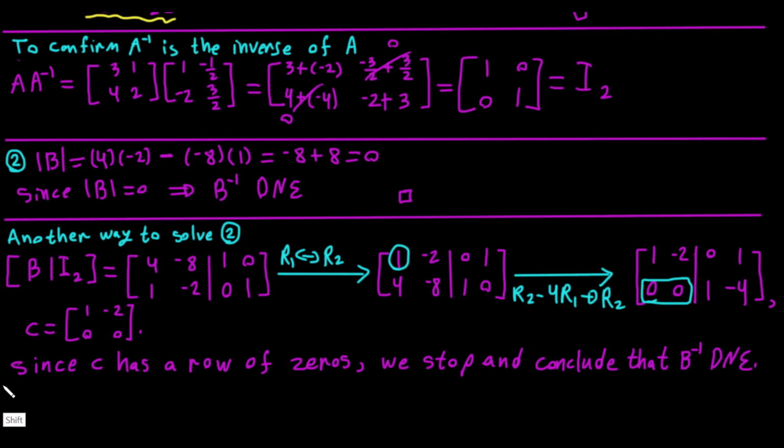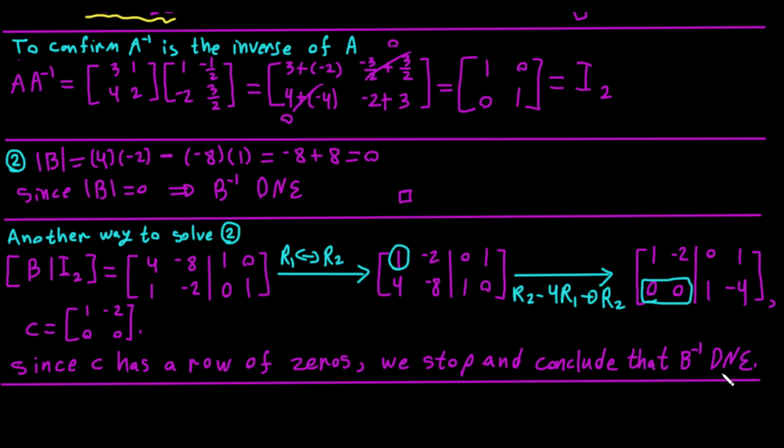So here we finish and we conclude that B inverse does not exist since we have a zero row here.